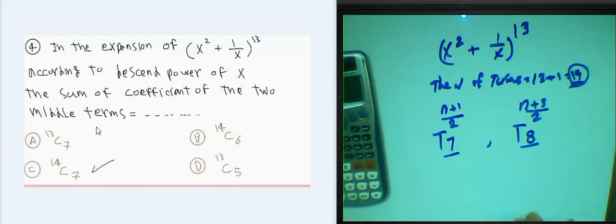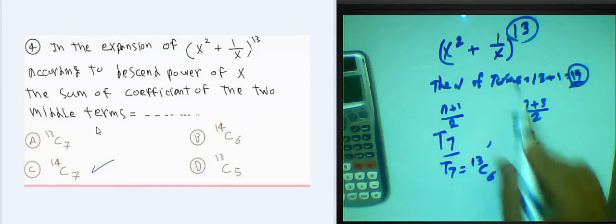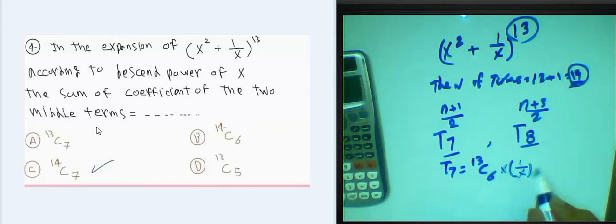We can find term 7 by the rule. It will be 13 combination 6, second term 1/x to the power of the base 6, multiplied by the first term x² to the power of the difference between 13 and 6. 13 minus 6 equals 7.